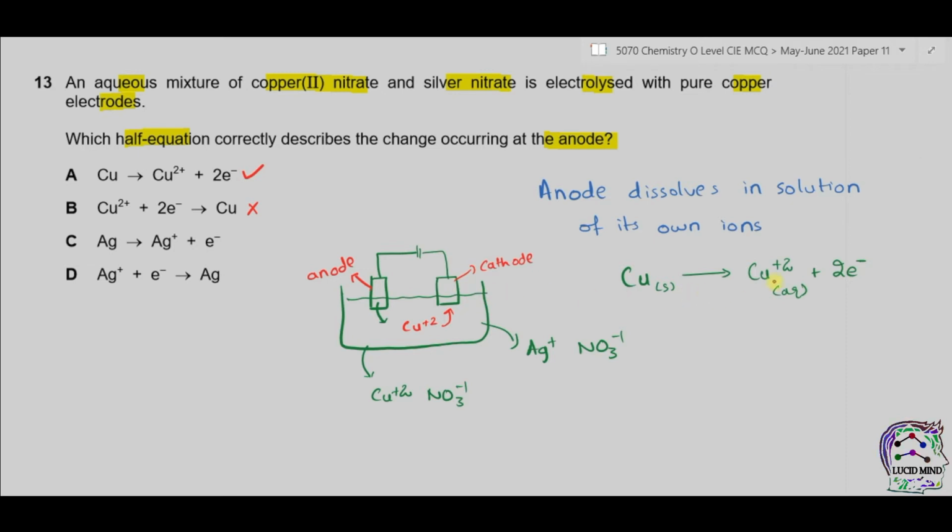The equation will be the reverse of this one. In part C, we have silver ions. Now at anode, silver ions are not dissolved. And this one is also wrong. You can also remember that at anode always oxidation takes place. So oxidation is the loss of electrons, it is not the gain. Correct answer is therefore part A.